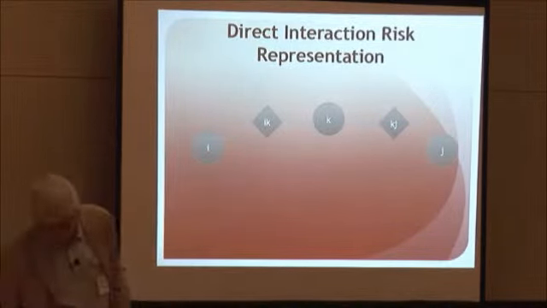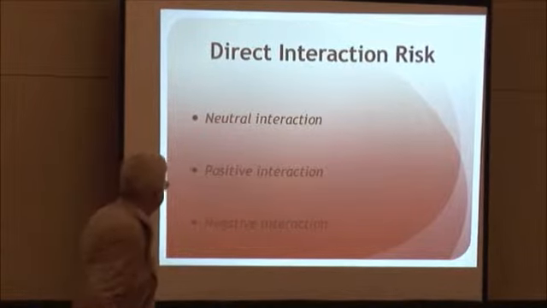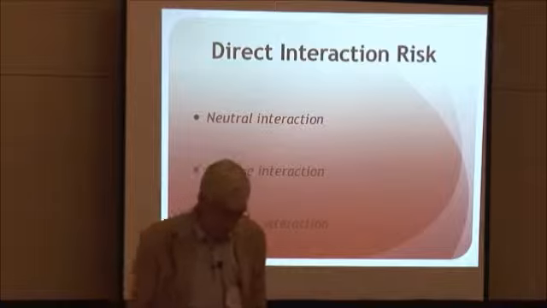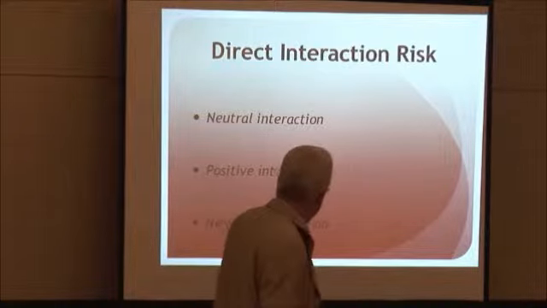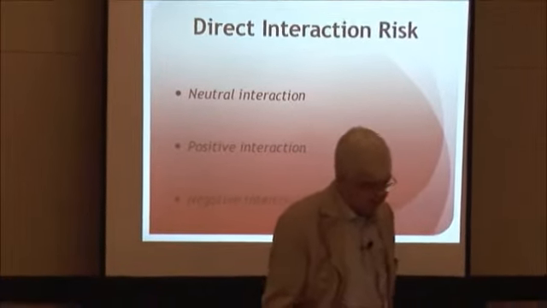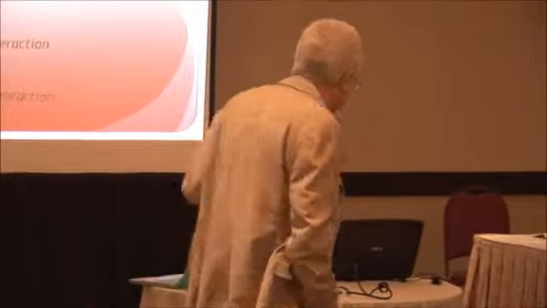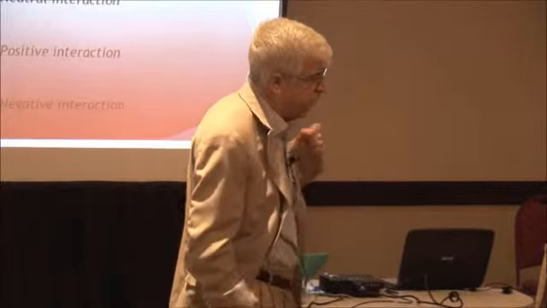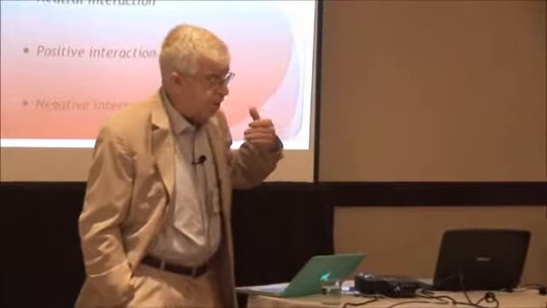As we move, this interaction between two members could be neutral, could be positive, or could be negative. We define this in terms of how the interaction affects the individual risk.